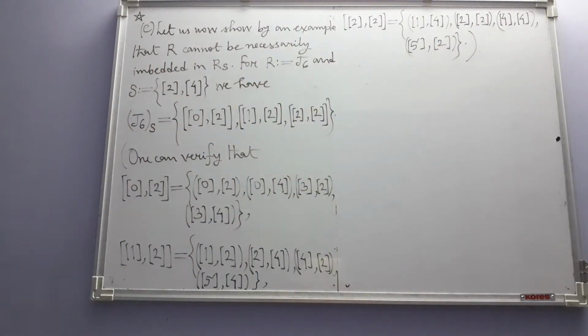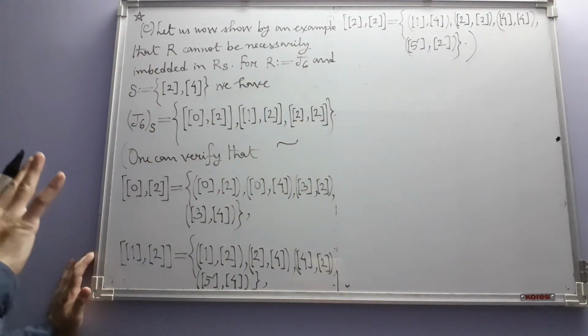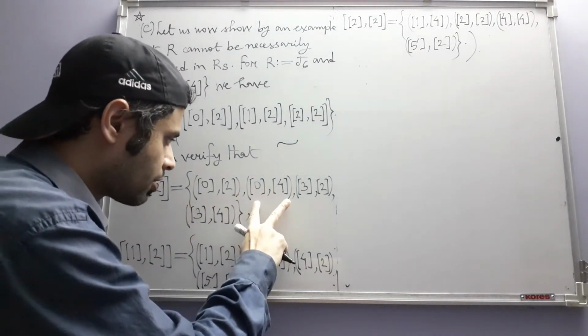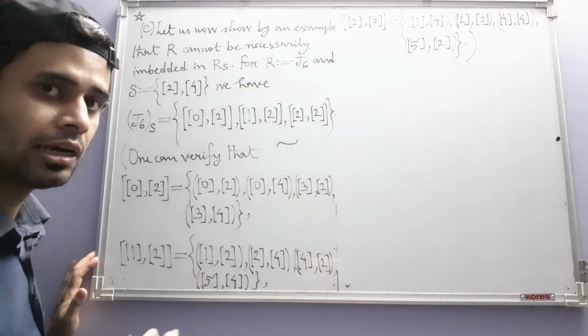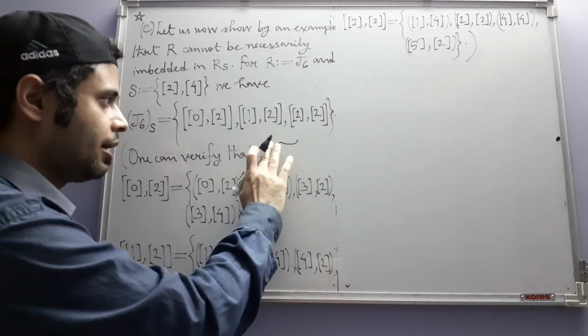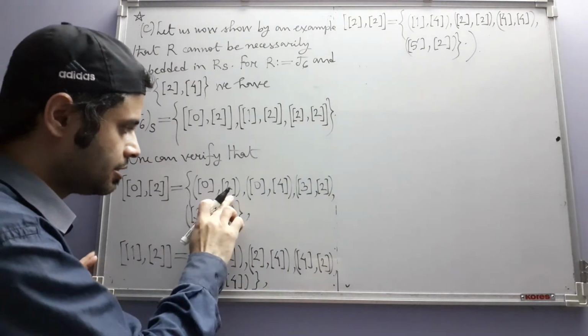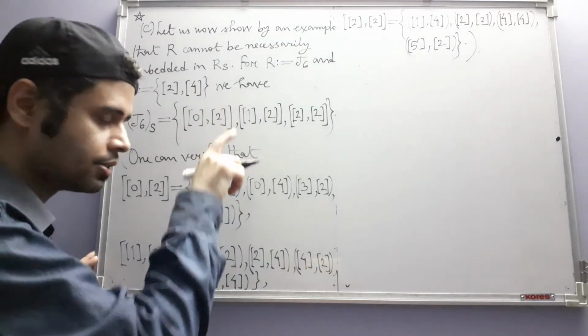Keep in mind that according to the definition of the equivalence relation we have in this exercise, any two ordered pairs in a single equivalence class are actually related. I have in fact verified that this is related to this, and this to this, according to that definition.